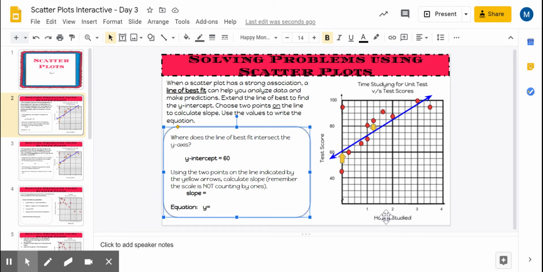So maybe the easiest way to do it is to go right halfway through because that would be 1.5 hours studied. All right. And then halfway from 1 to 1.5 would be 1.25. So each one of these lines is being counted by 0.25s, right? So this is 1, 1.25, 1.5, 1.75 hours, and then all the way up to 2 hours.